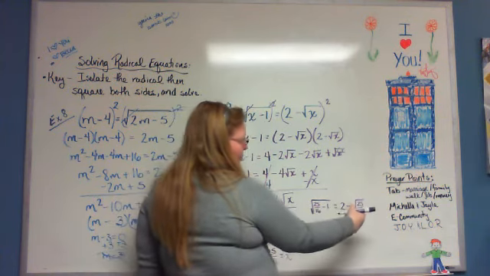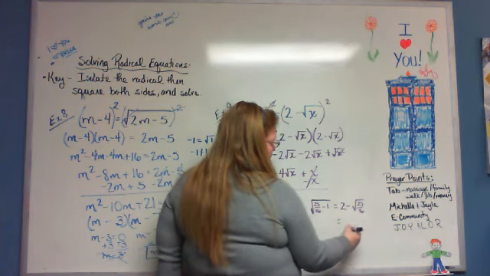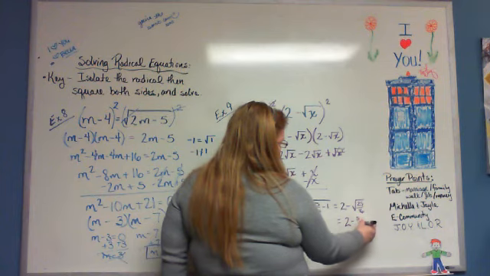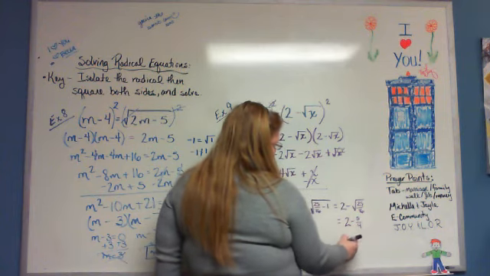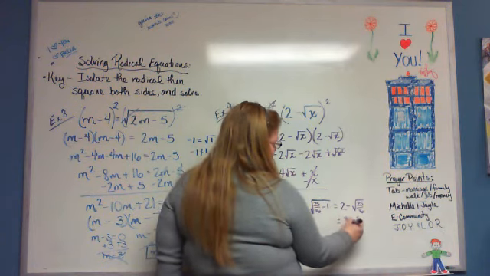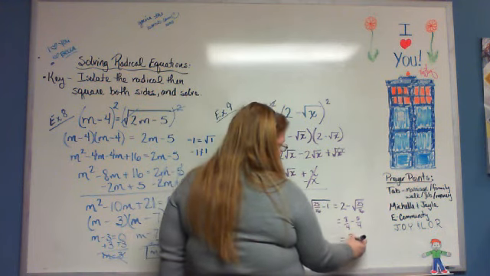This side I'm going to do first, because I know the square root of 25 over 16 is the square root of 25 over the square root of 16. So I'm going to get 2 minus 5 over 4. And 2 is really 8 over 4, common denominator and all, which leaves me with 3 over 4.